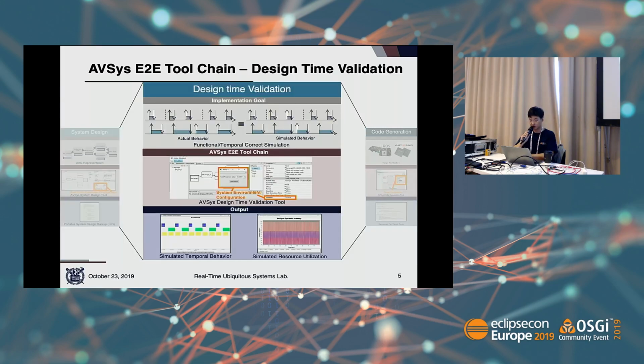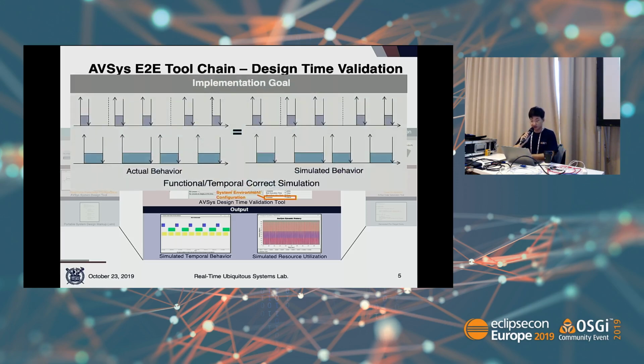The second one is the design time validation. We want to make an end-to-end tool chain, and we want to do the system validation at design time. So we simulate right after the system design. The first implementation goal is that the actual behavior is the same as the simulated behavior.